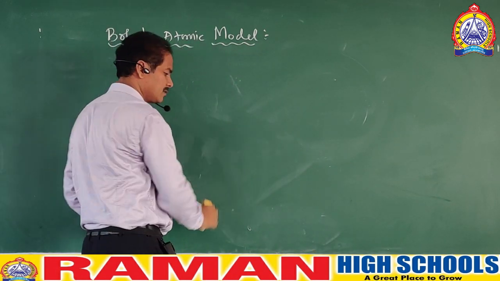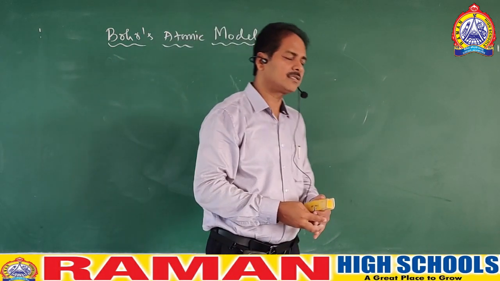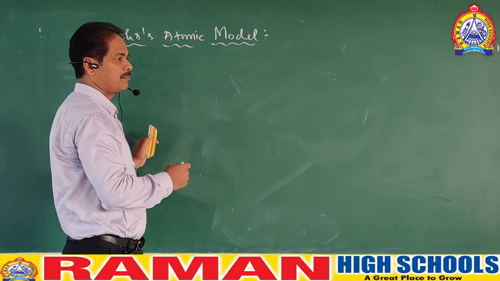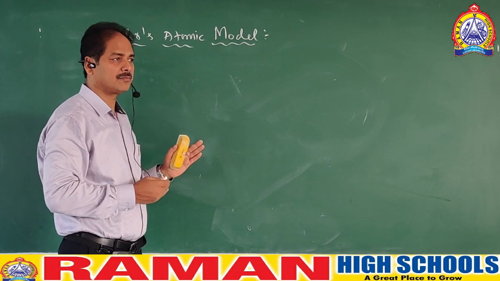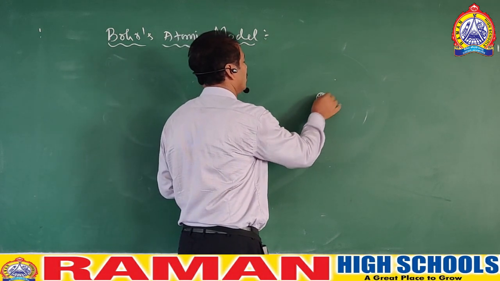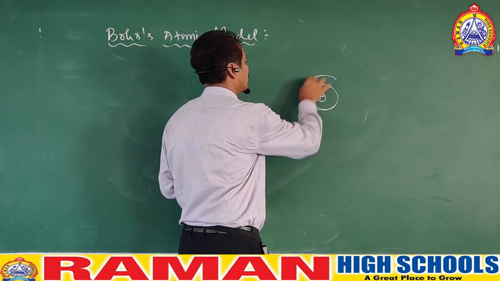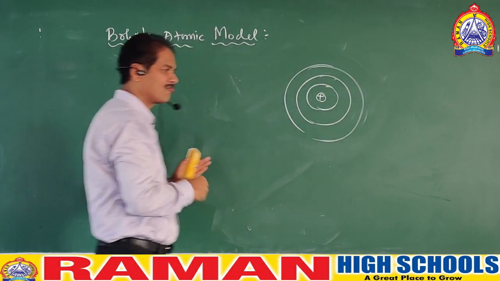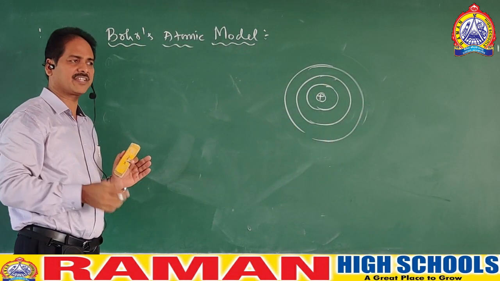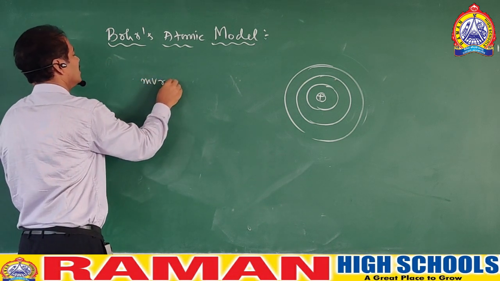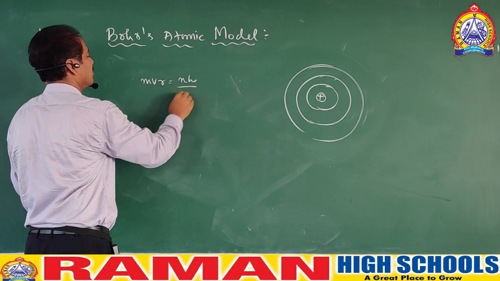And not only this, Niels Bohr has quantized the momentum of the electron, when it is revolving around the nucleus. Quantization is giving a fixed value, that is mvr is equal to nh by 2 pi.